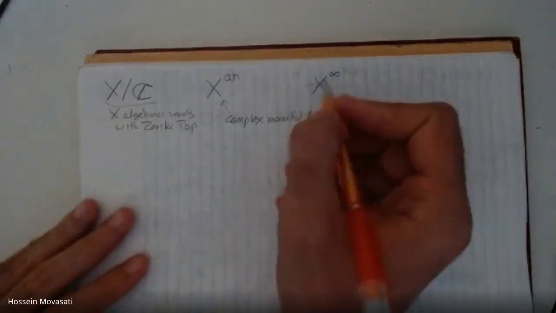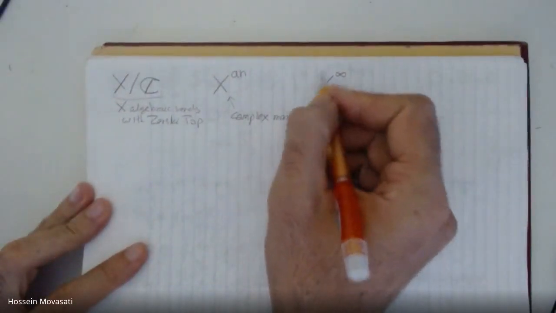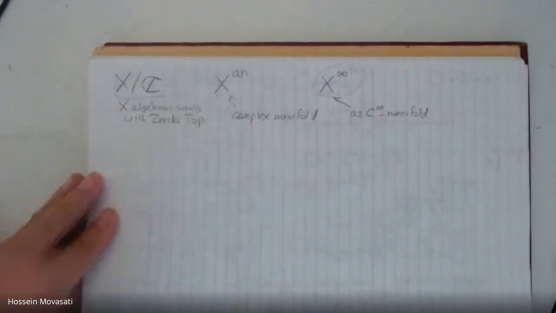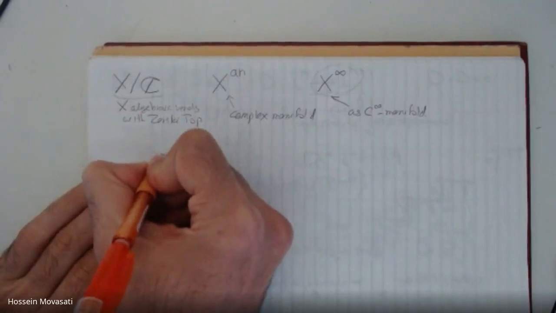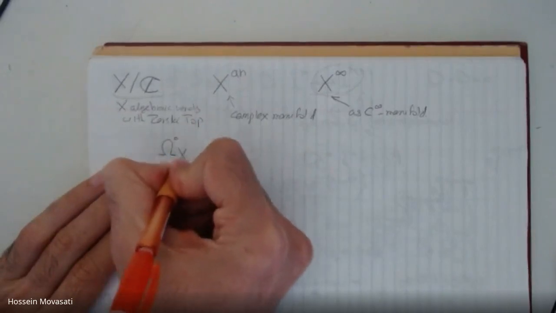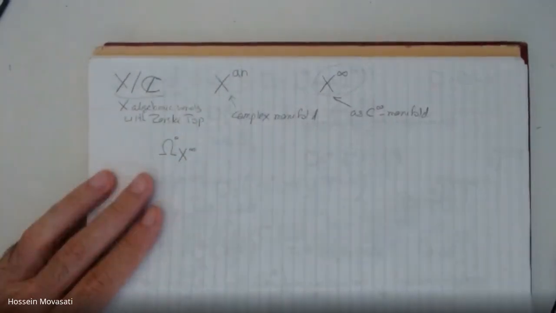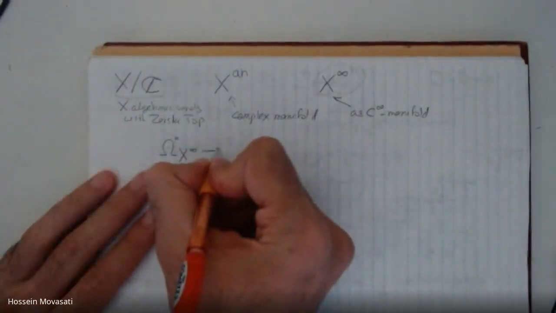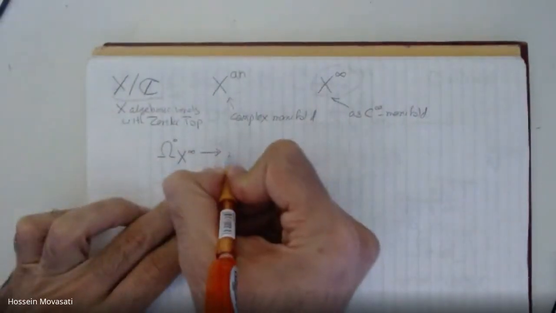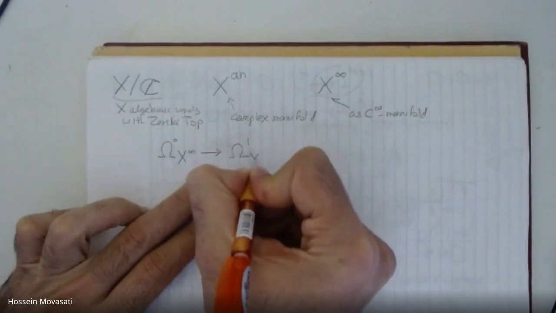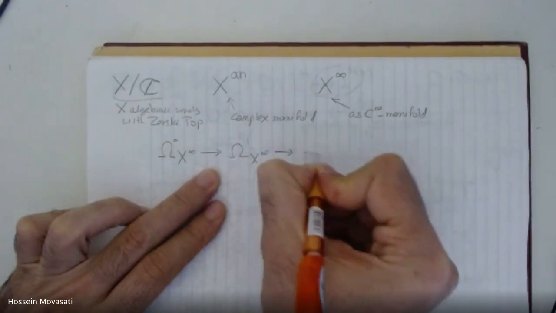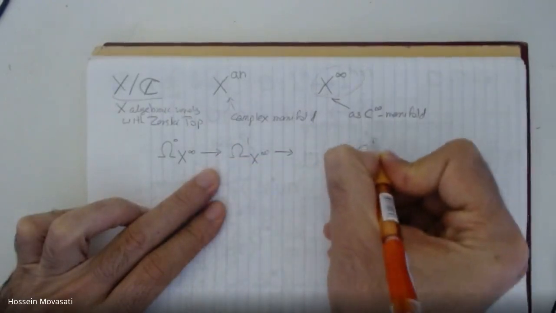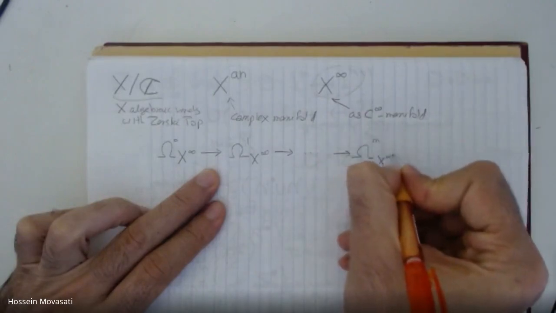Okay, so let's take this X infinity and Omega 0 X infinity. What is it? It is the sheaf of C infinity functions on X infinity, then Omega 1 X infinity, and so on, up to Omega m X infinity.